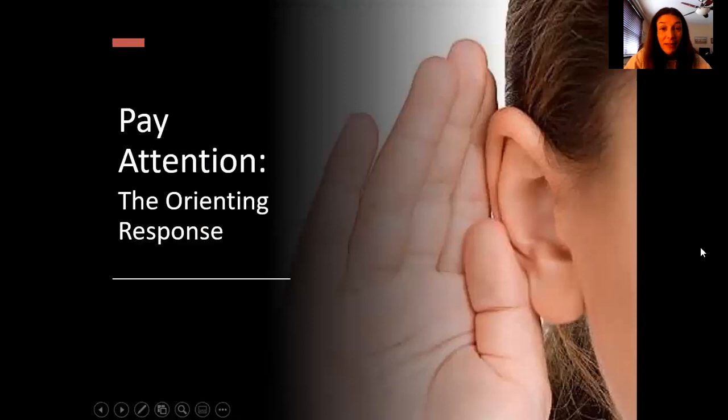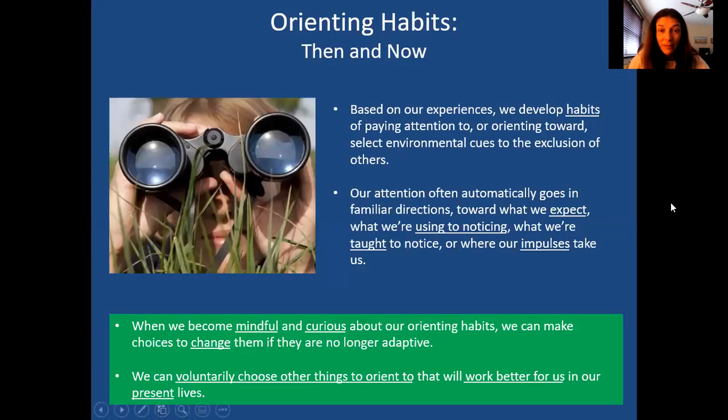Okay, so the next lesson was called Pay Attention, the Orienting Response. So we automatically orient ourselves to novel stimuli in the environment or things that grab our attention. But what grabs each person's attention could be kind of an individual thing, okay? So based on our experiences, we develop habits of paying attention to certain things, okay?